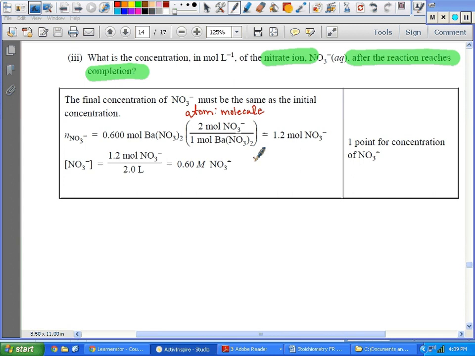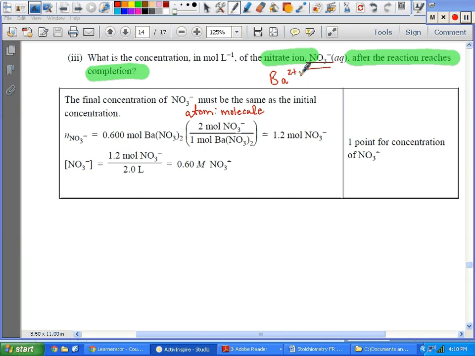Well, look what the question asked for. Let's pretend the question was asking about the barium ion. Would your mole to mole ratio change? In one barium nitrate, how many bariums are there? 1. That's it. So does that not give you the number of moles? You agree? Moles of barium nitrate cancel, leaving you the moles of nitrate.